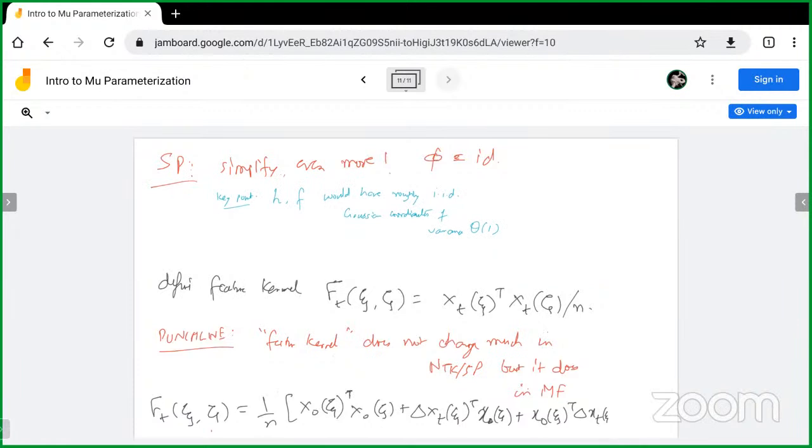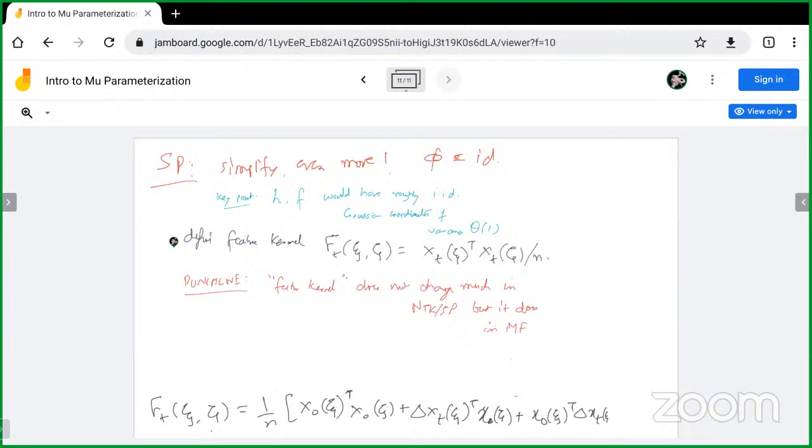Yeah, yeah, so we'll do this. I think I erased it. Okay, sorry. Right, so again, now to get the feature kernel, F_t.